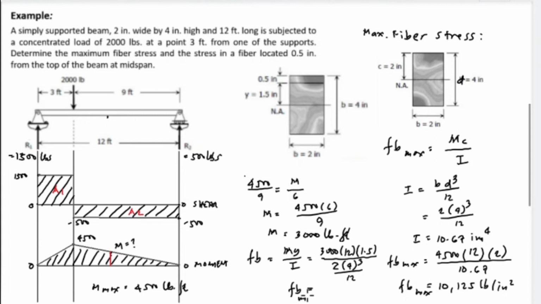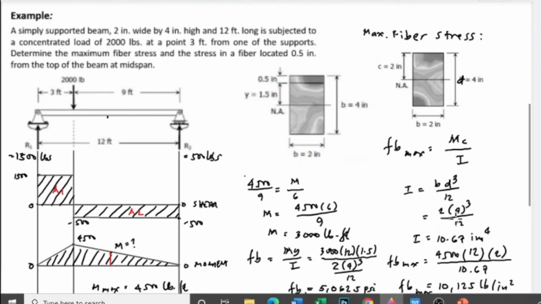So this will be at midspan. And the value, so 3,000 times 12 times 1.5, and we divide by 2 and divide by 4 cubed, and we multiplied by 12. The value for F sub B at midspan is equivalent to 5,062.5, and the unit is in PSI or pounds per square inch.